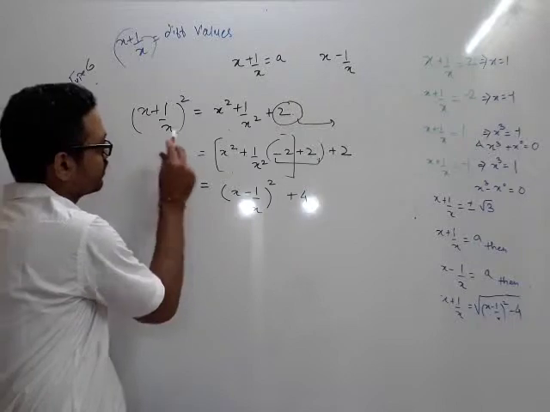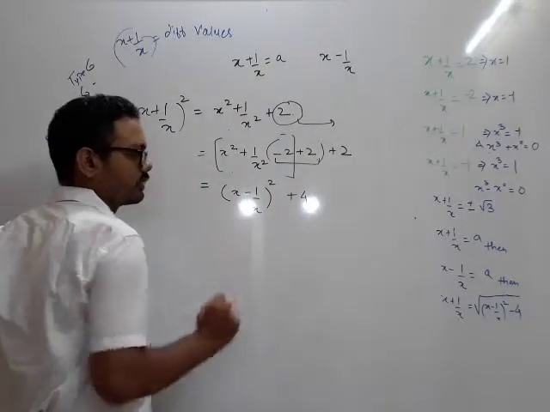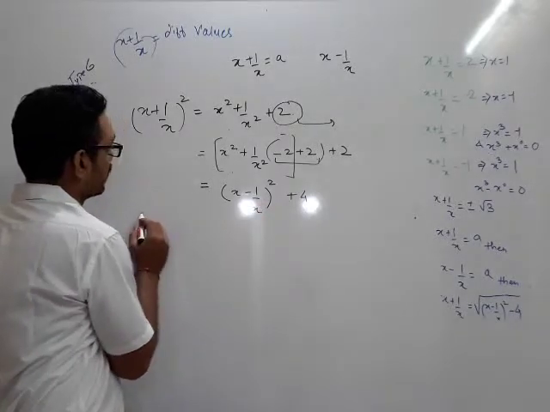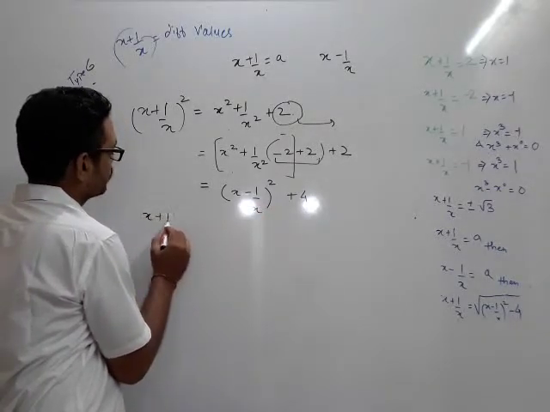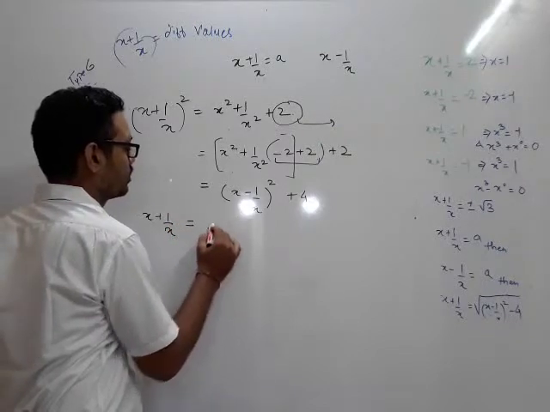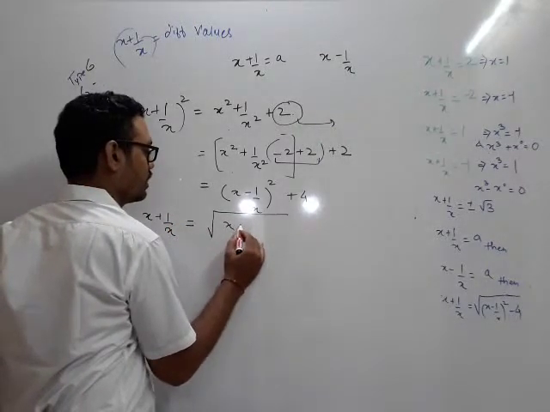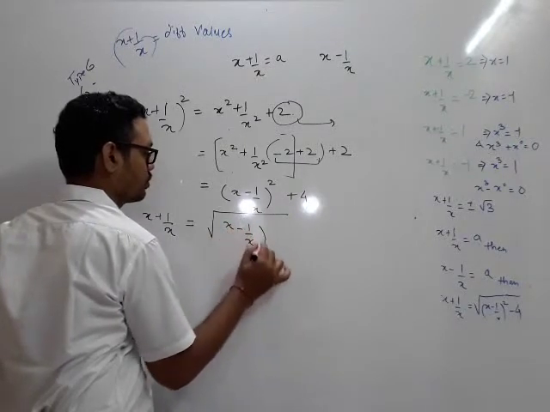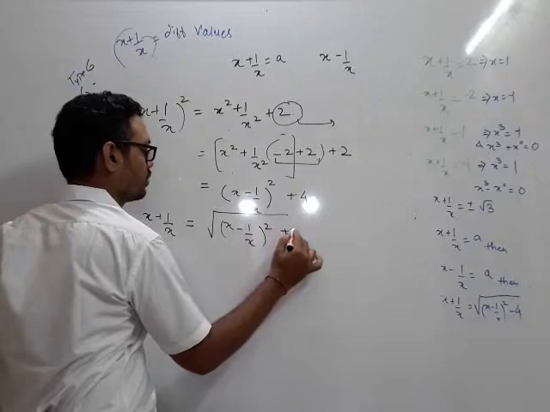So in order to convert this plus form into minus form, I have done this. Now the moment we do this, x plus 1 by x is nothing else but root of x minus 1 by x the whole square plus 4.